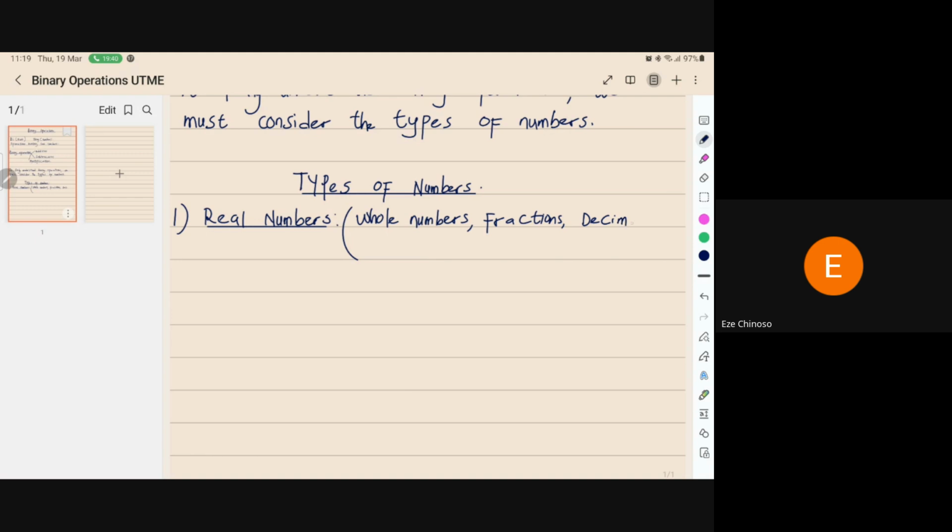When I mean decimals, I mean both recurring decimals and terminating decimals. You know what I mean by recurring decimals? Something like 1.3131313131. All those things are recurring decimals. So every kind of number you can picture will fall under your real numbers. Right? So we have also irrational numbers.